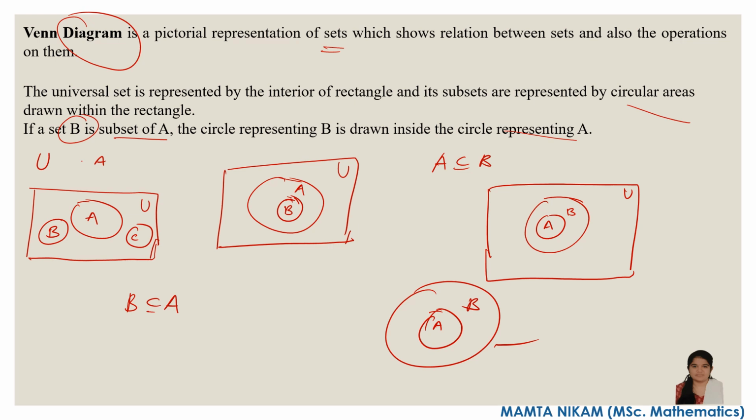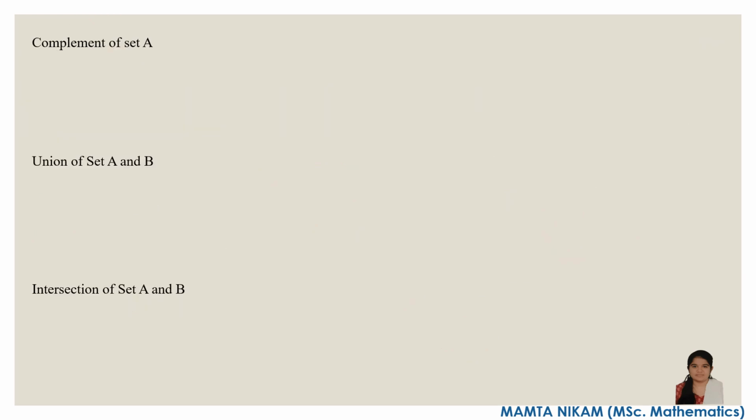Okay, let's move on. Let's discuss the Venn diagrams, or pictorial representations, for the various operations on sets. We have discussed operations on sets in previous videos. So let's discuss how to pictorially represent them. First, the complement of a set. How do we represent it?